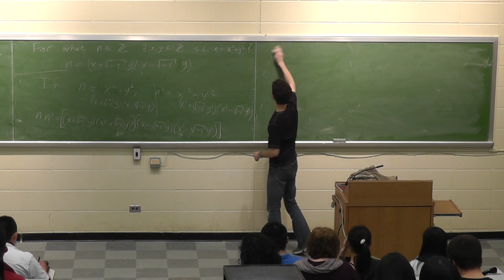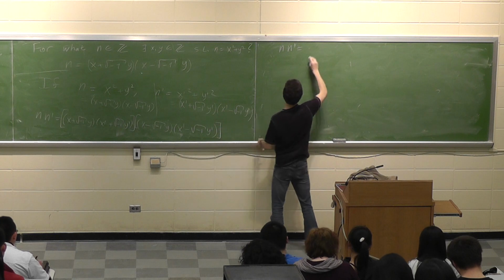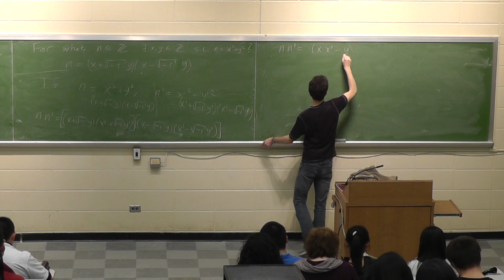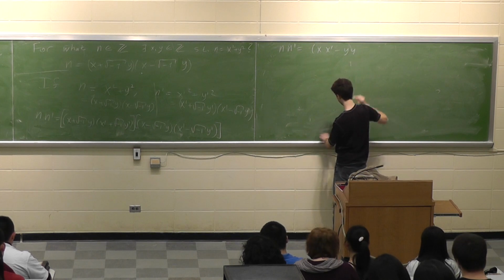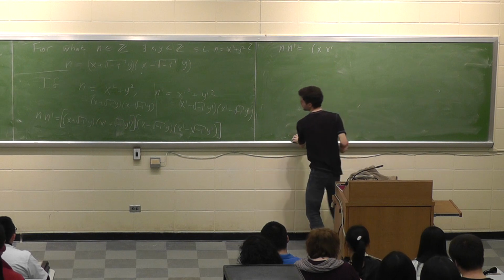What do we get? We get that n times n prime is the following sum. Let me go here. So what do we get here?